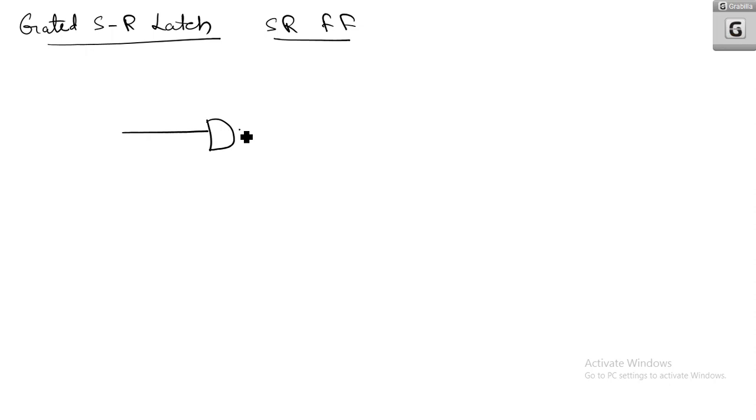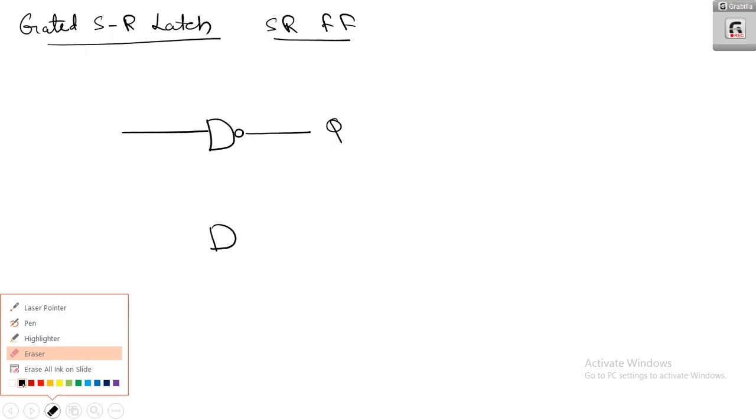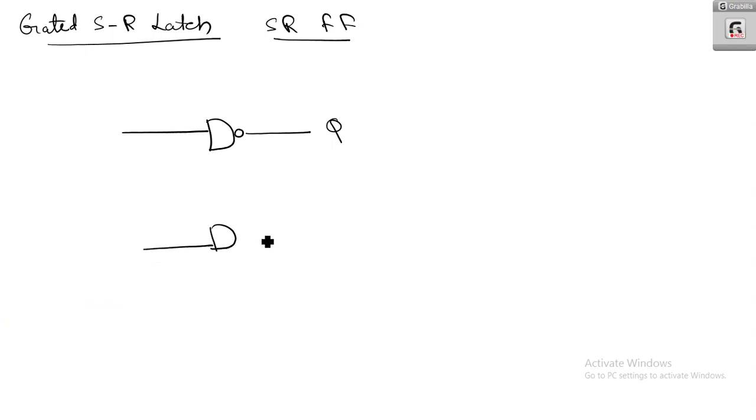There is a NAND gate, and here you will get Q. Another input comes in, and there is another NAND gate, and you will get Q bar. Q is fed back here, and Q bar is fed back to here. So this is basically a latch.